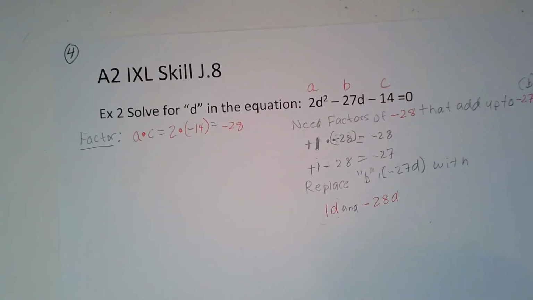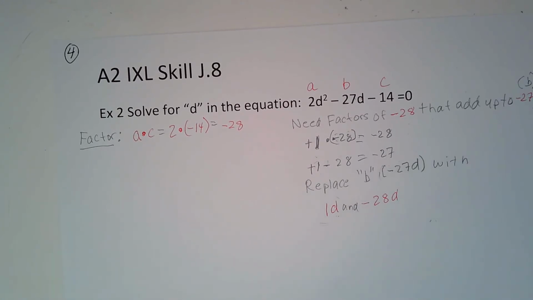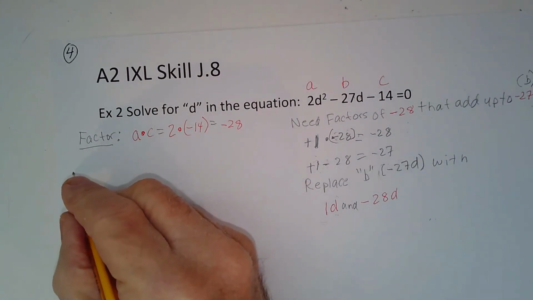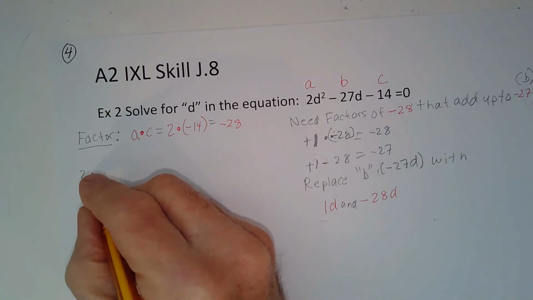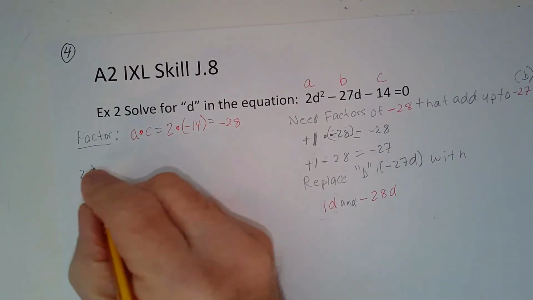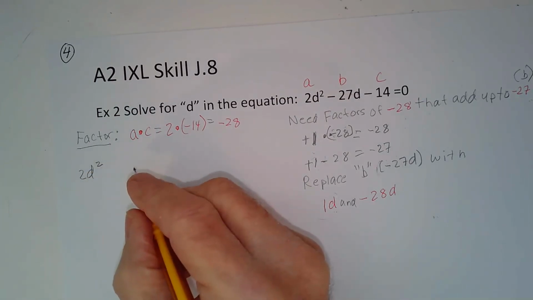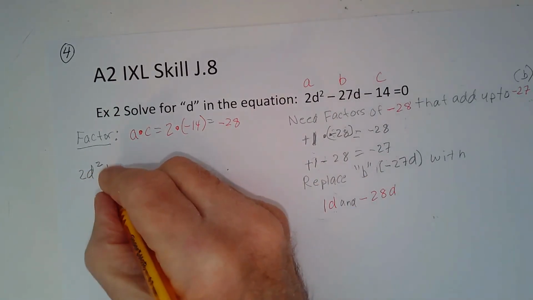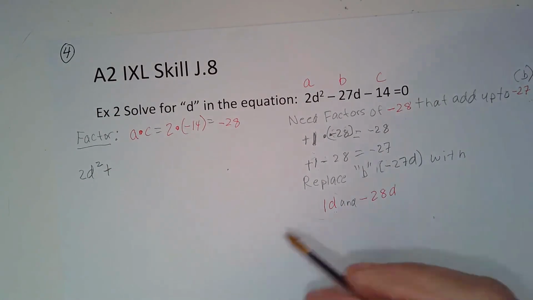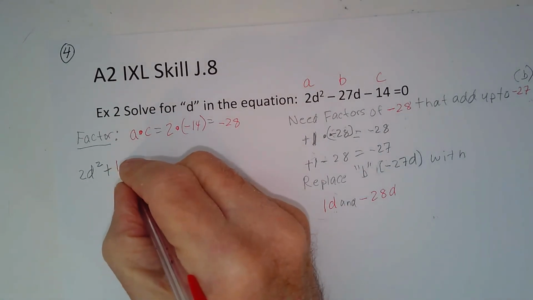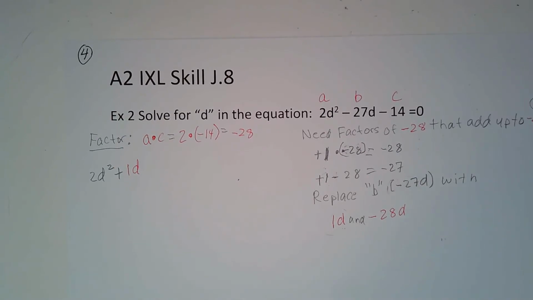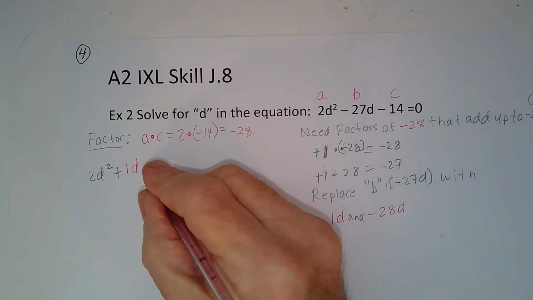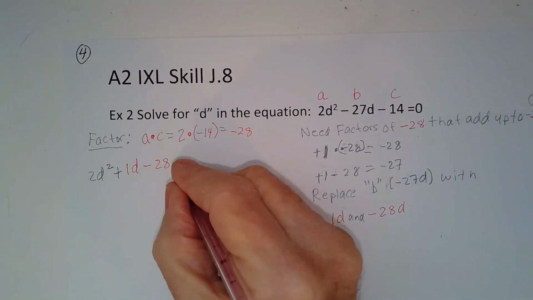So let's go over here and start our factorization. So I'm going to take the 2d squared, which is the first term, and I'm going to add 1d. Okay. And then I'm going to subtract 28d.